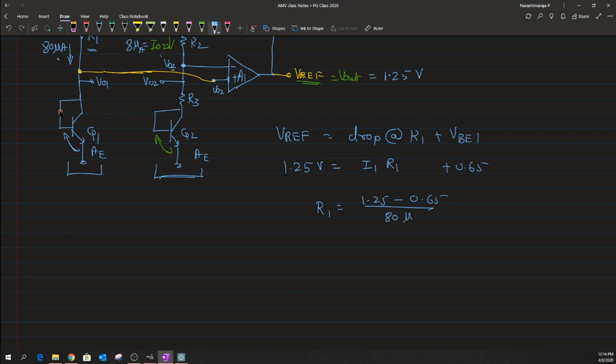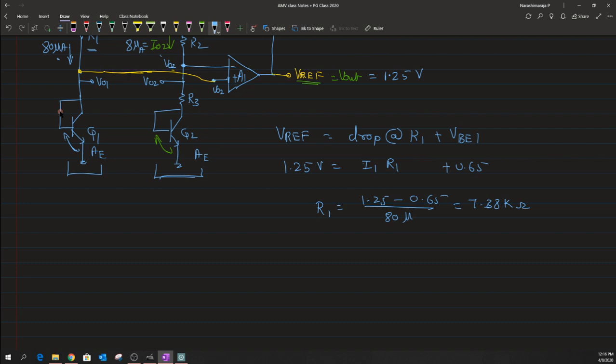So I guess this value will be closer to 7.38 kilo ohm. You please verify, just because I'm not pretty sure about this particular value, right?